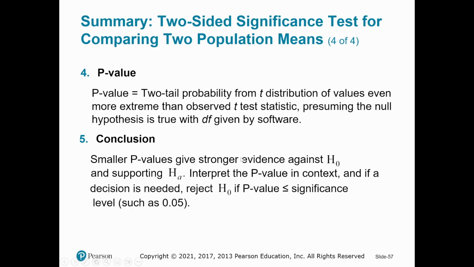Smaller p-values give you stronger evidence against the null hypothesis and in favor of the alternative hypothesis. Interpret the p-value in context, and if a decision is needed, the p-value decision rule is to reject the null hypothesis if the p-value is less than or equal to the significance level.